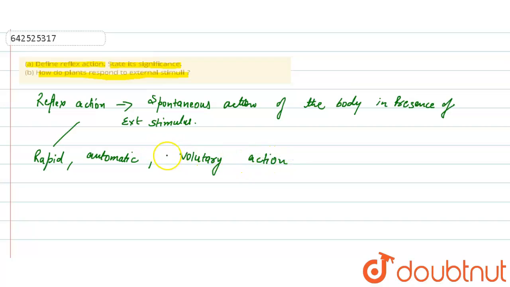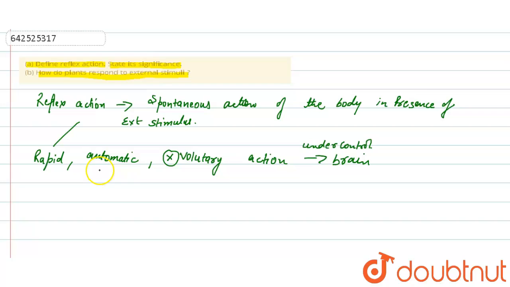They are not the voluntary actions. Voluntary actions are those actions which are under the control of brain. So this is called as reflex action. The pathway taken by nerve impulse in a reflex action is called as reflex arc.